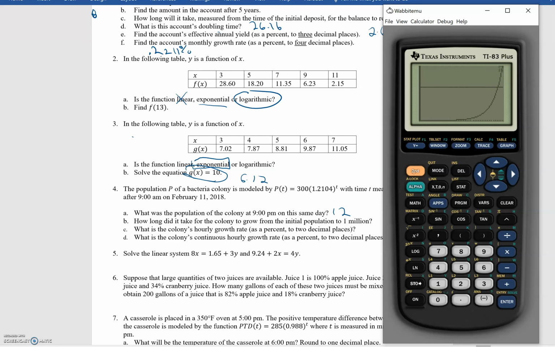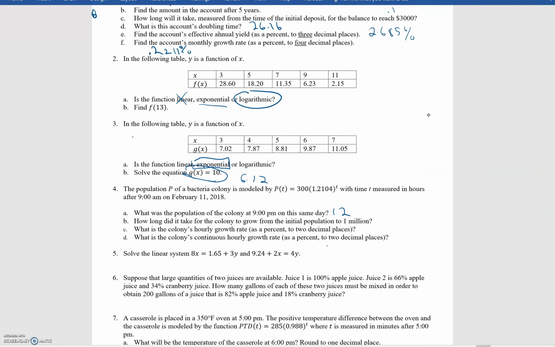There it is. And so our intersection is 42.481. That's 42.48 hours. What is the colony's hourly growth rate?